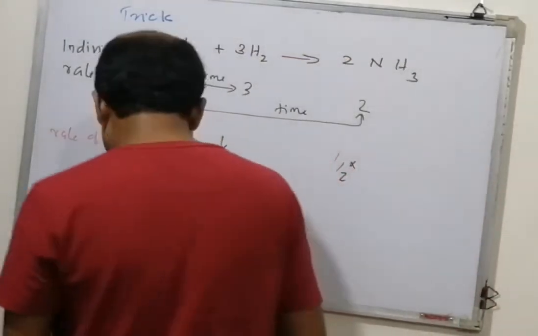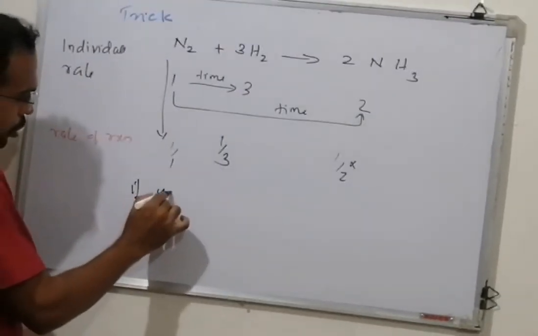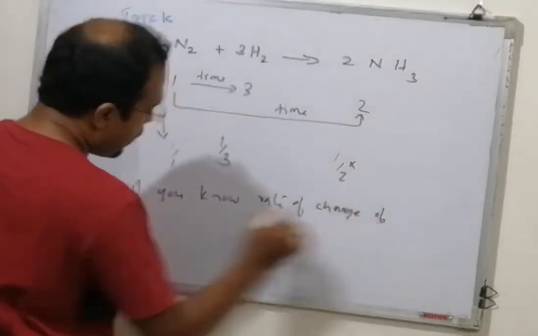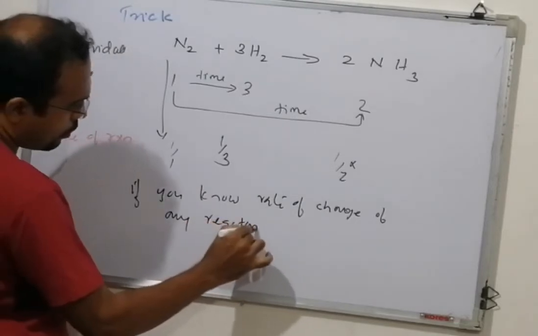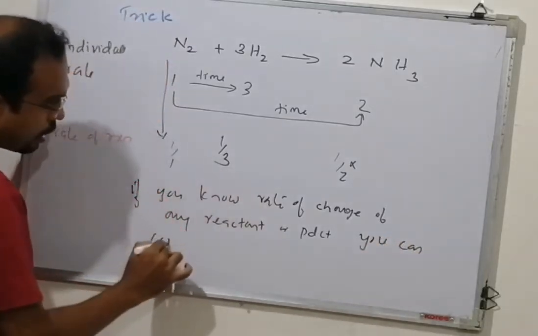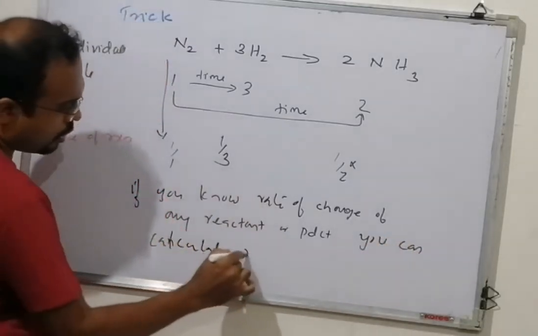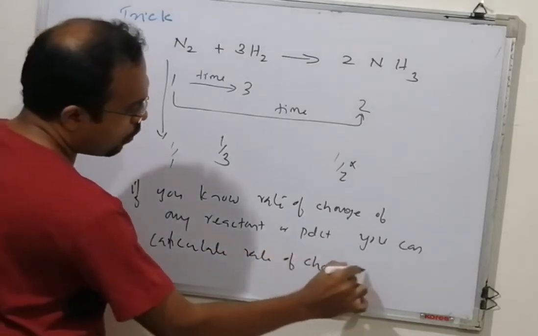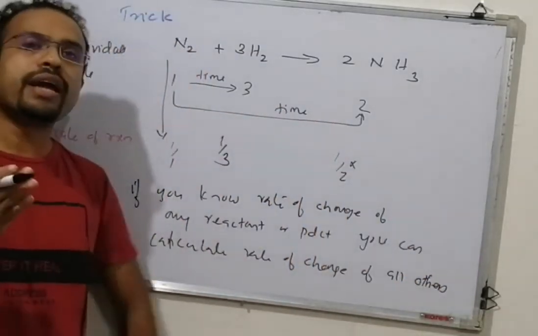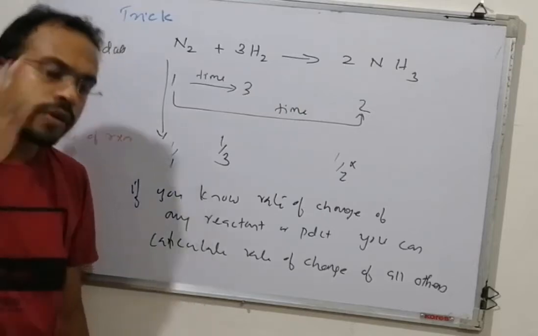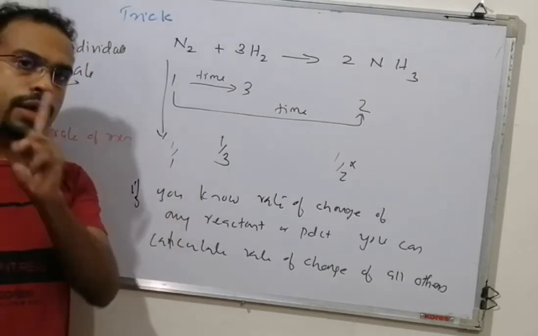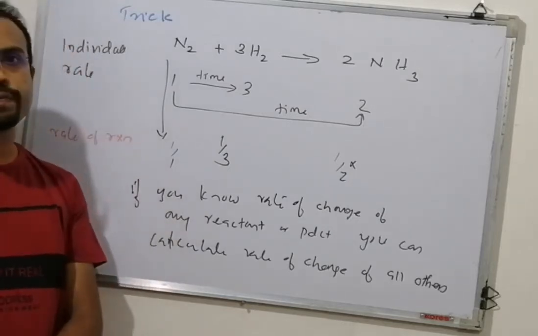And please remember this point also. If you know the rate of change of any reactant or product, you can calculate the rate of change of all others, and you can calculate the rate of reaction also.